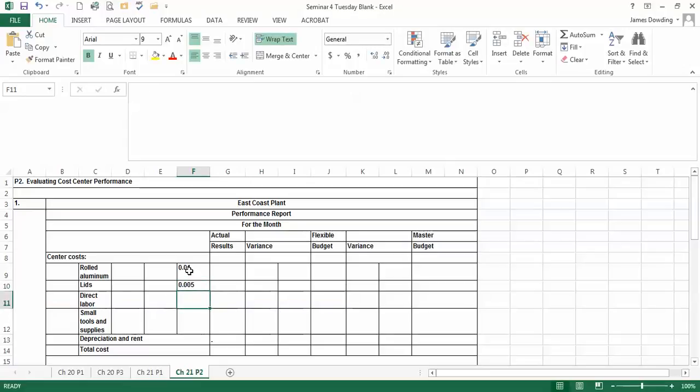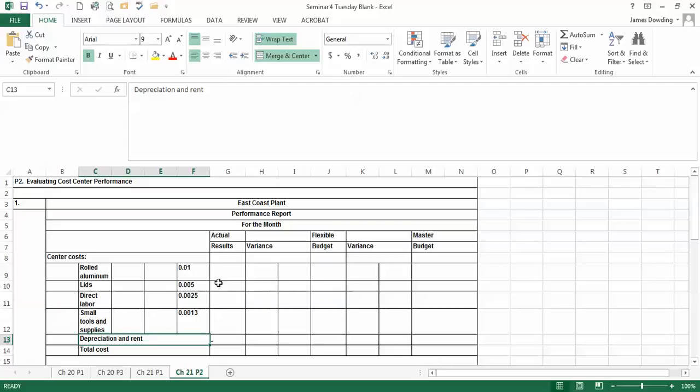Direct labor has a cost factor per unit of 0.0025. Small tools has a factor of 0.0013. And depreciation and rent are going to be fixed.